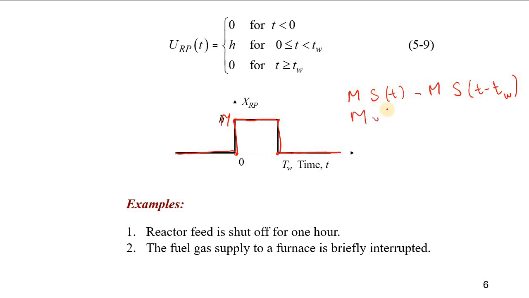So you may find another book using u, t minus tw. And m is just a number. If you don't want to confuse yourself, for example as in my previous example, from 20 to 30, that will be 10. And if you don't consider u, it could be a problem.